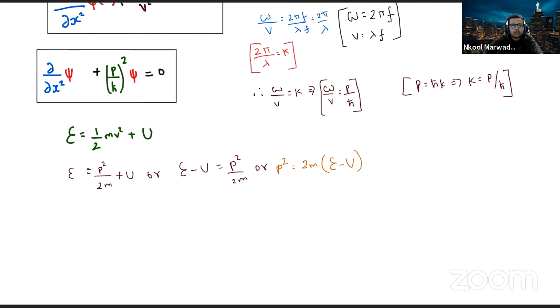Let us do this. So now I am doing the double derivative of the wave function with respect to x.